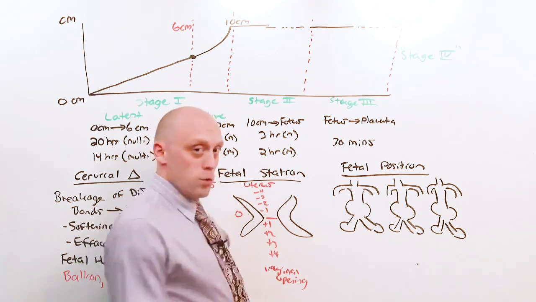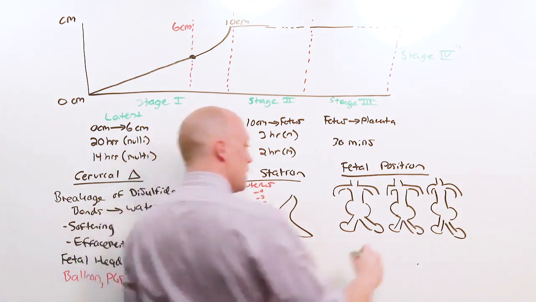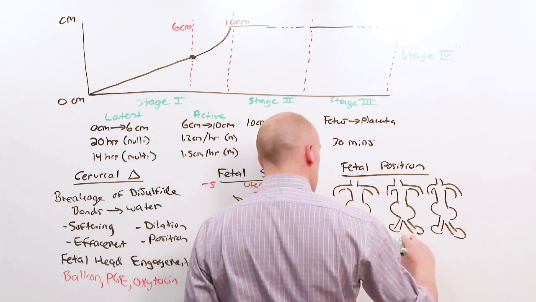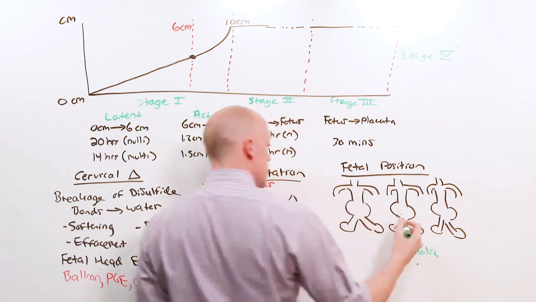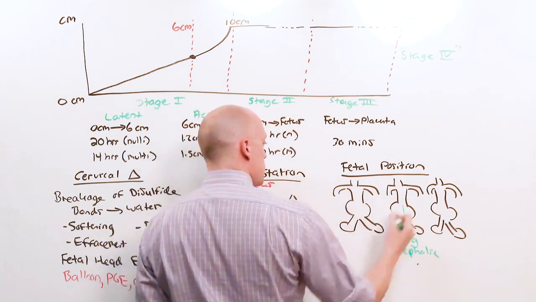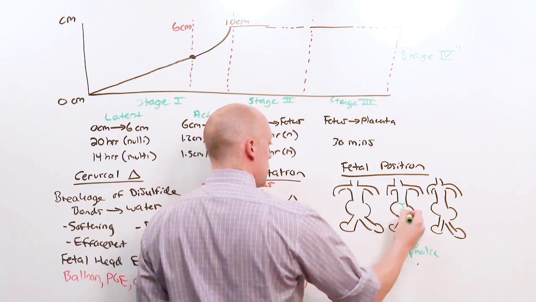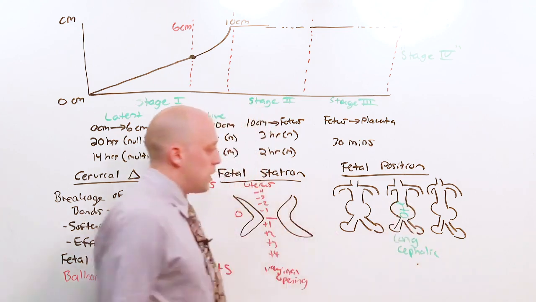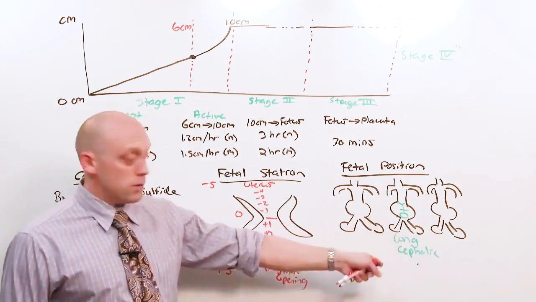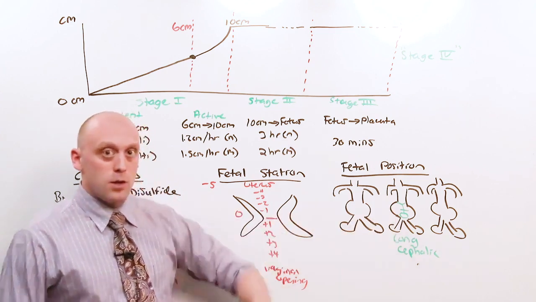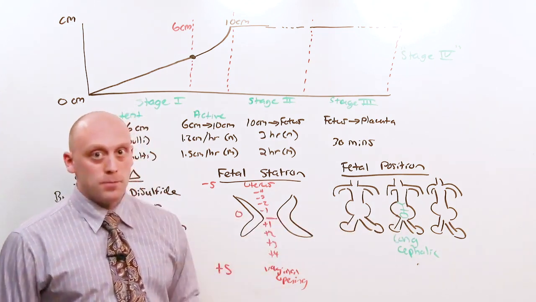The right way, the way you expect it to happen, is called longitudinal cephalic. That is, baby's axial skeleton is in line with mom's, and the head is down. Now that looks upside down on the board, but really that's the way you want it. You want baby's head to engage the cervix, cause opening, and baby comes out.